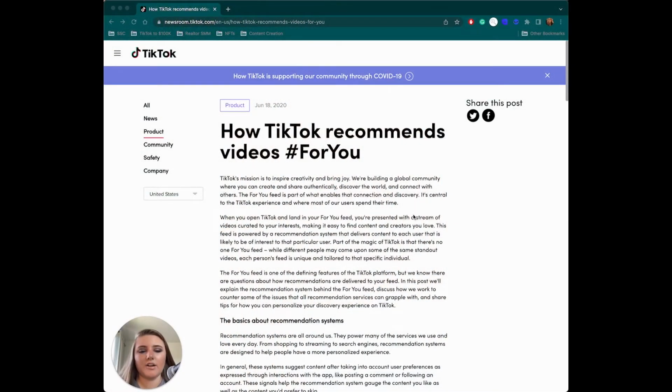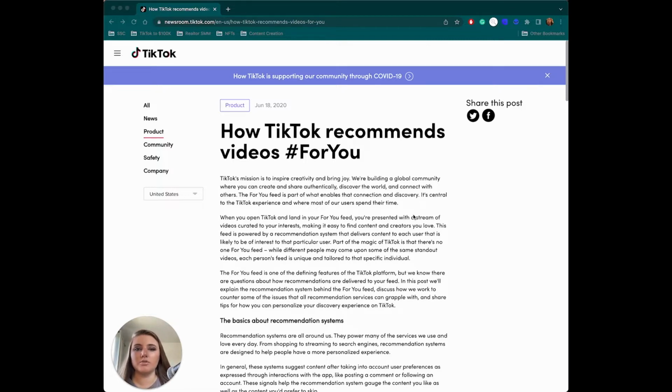Okay guys, so I've pulled up the article directly from TikTok's newsroom, but I just wanted to explain a little bit more in detail before we jump into the article. I'm sure as you guys know, when you open Instagram and Facebook, you immediately are seeing content from the people that you're following. But TikTok has a completely different approach. They actually send the user directly to what's called the For You page.